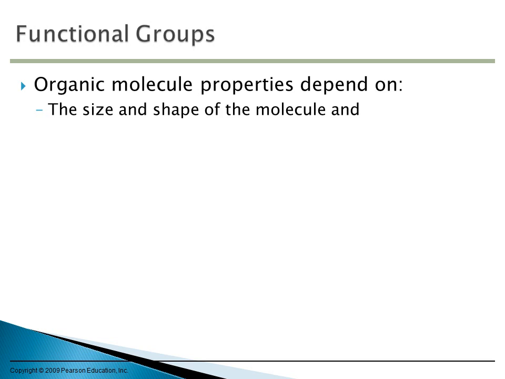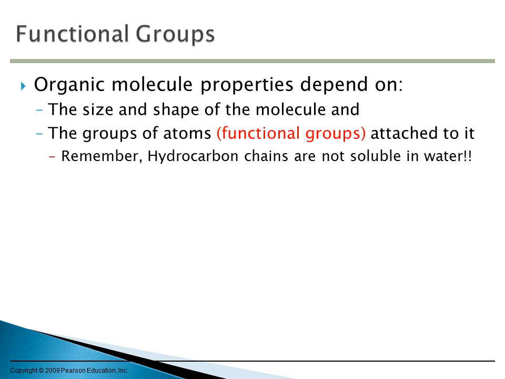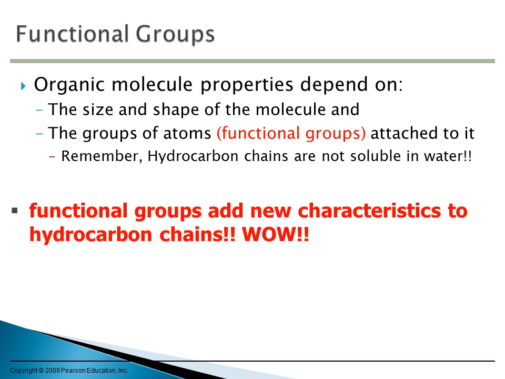Along with just simply the size and shape, we add groups of atoms called functional groups. These are attached to that hydrocarbon chain. So remember, hydrocarbon chains by themselves are not soluble in water. Therefore, we can add these functional groups, which add new characteristics to those hydrocarbon chains.